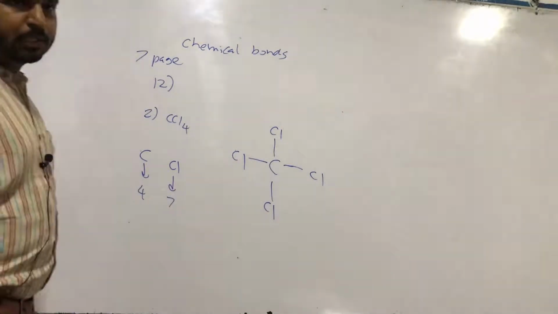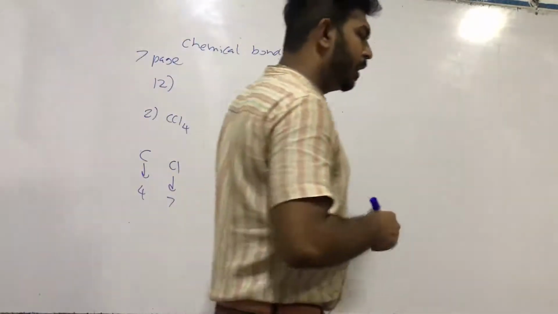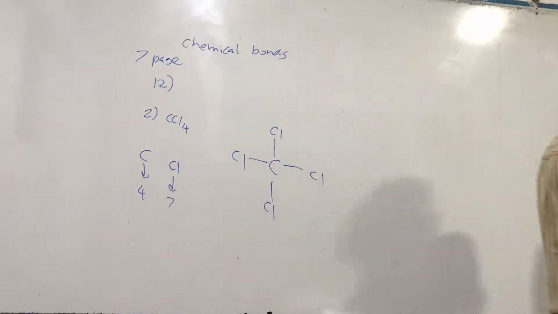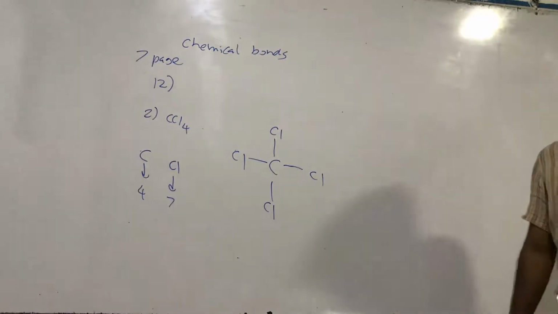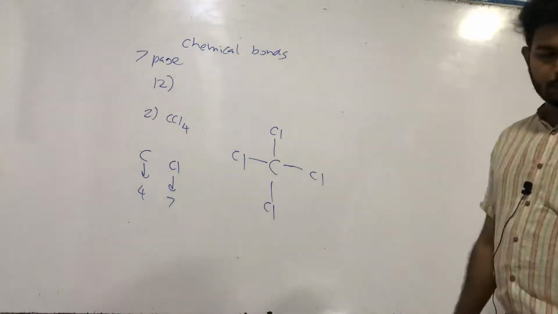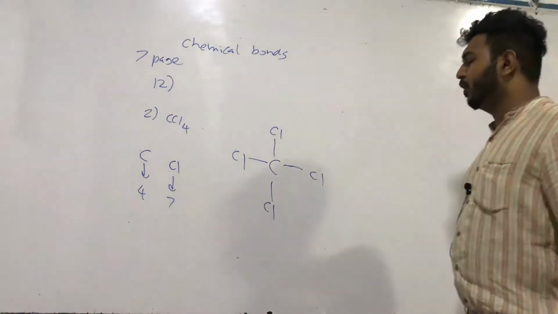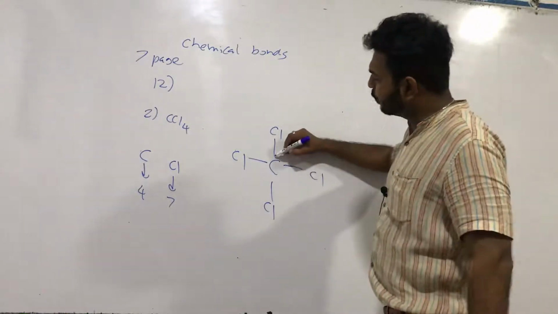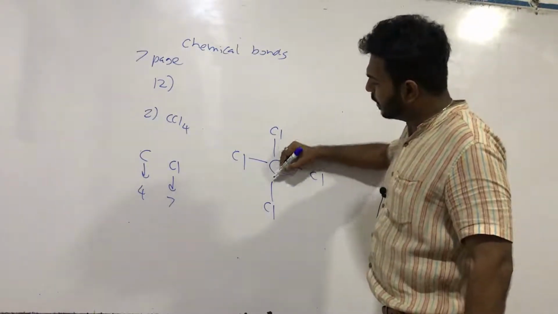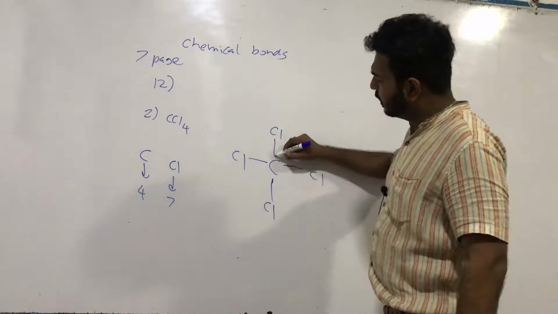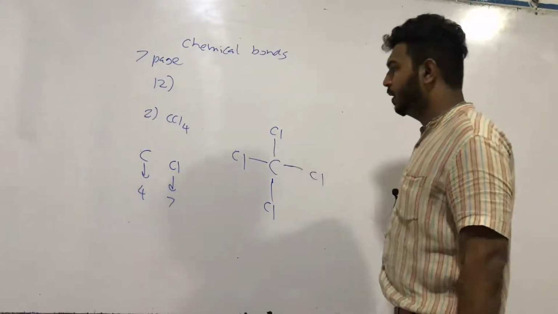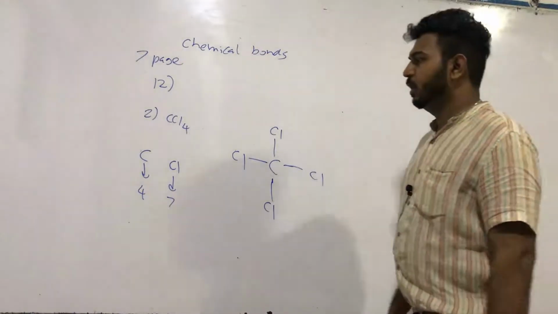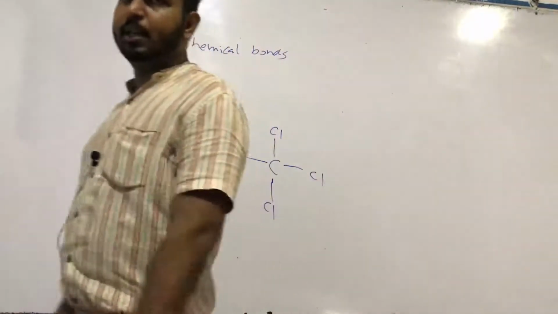That means carbon has 4 electrons in the last shell and chlorine has 7 electrons in the outermost shell. So now I am trying to draw this. So carbon has 4 electrons here, 1, 2, 3 and 4. Carbon has 4 electrons. Then it's drawn here.